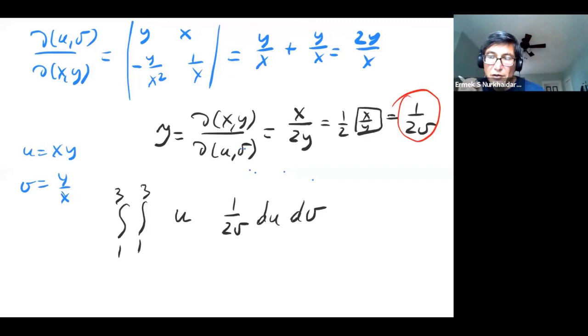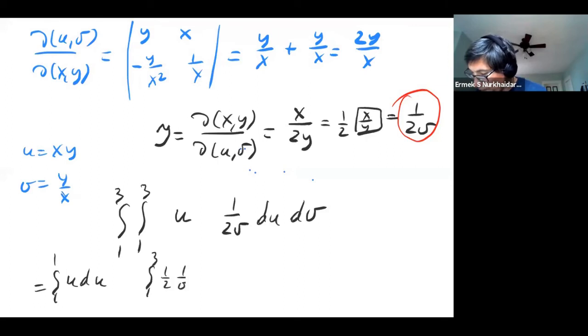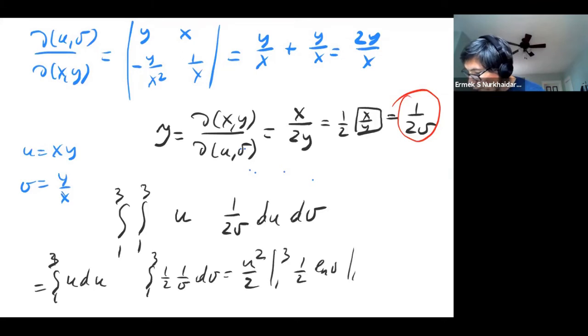So you split it, it's a rectangular region. So integral from 1 to 3 of u du, times integral from 1 to 3 of 1/2 times 1 over v dv. So we're going to get u squared over 2 from 1 to 3, times 1/2 natural log of v from 1 to 3.